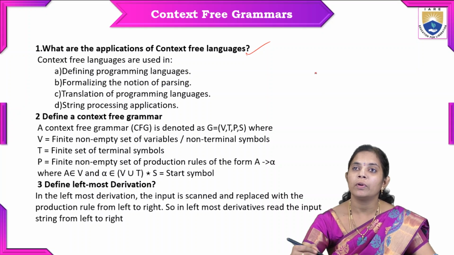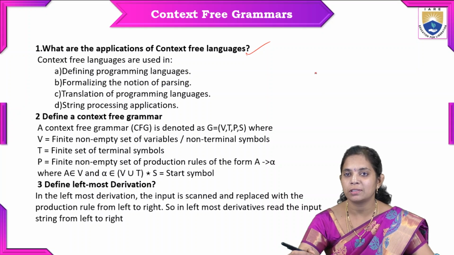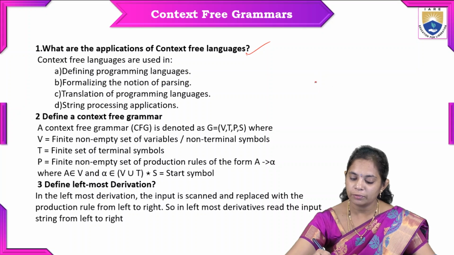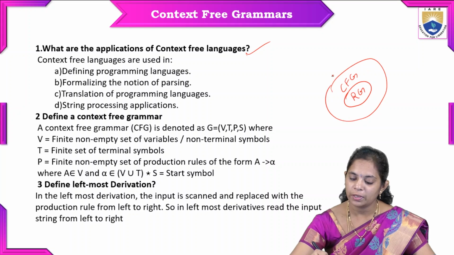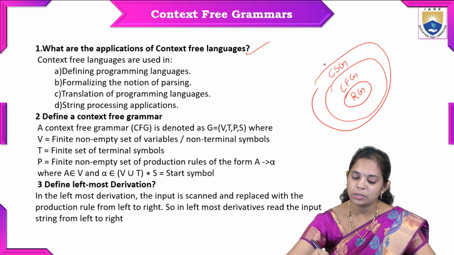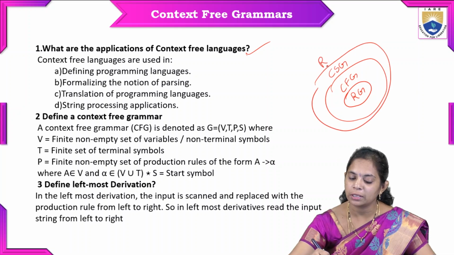So what is the position of context-free grammars? Here we have the Chomsky hierarchy. One is the regular language, regular grammar, and next is context-free grammars, which is a subset of context-sensitive grammars, and then recursively enumerable language, the recursive or unrestricted grammar.